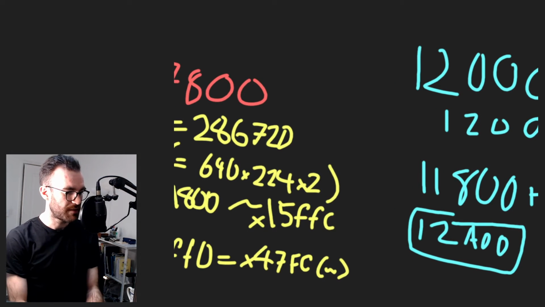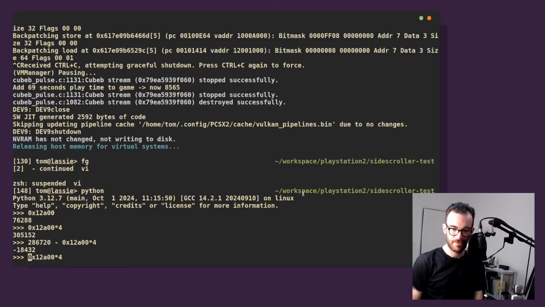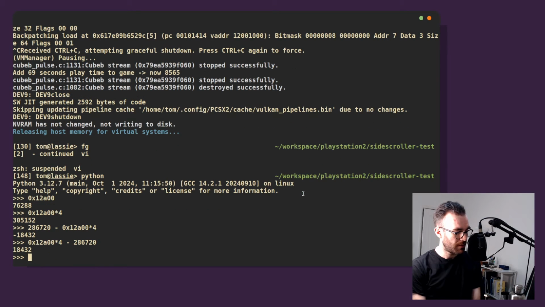So 286,720, 286,720 minus, oh, wrong order, wrong way around. Also focus. Minus 286,720, 18,432.